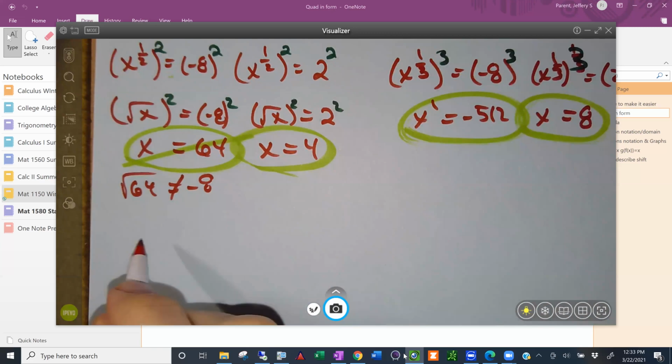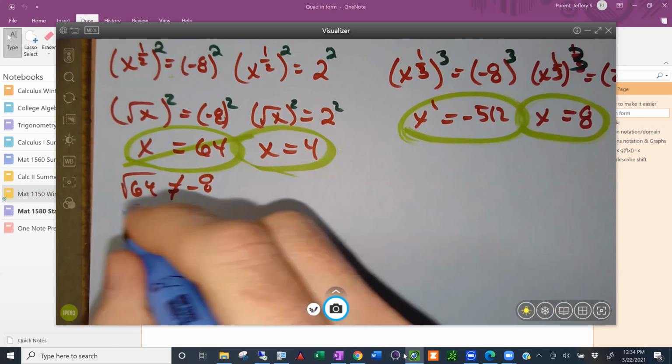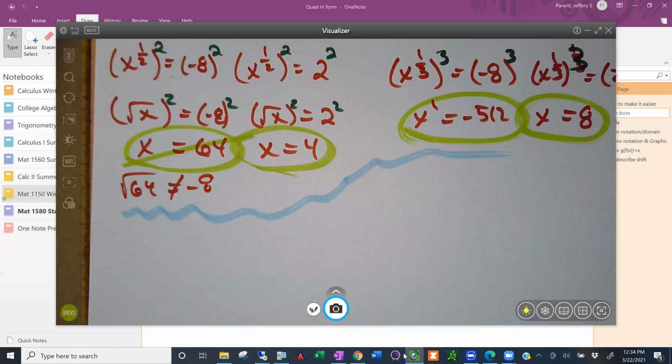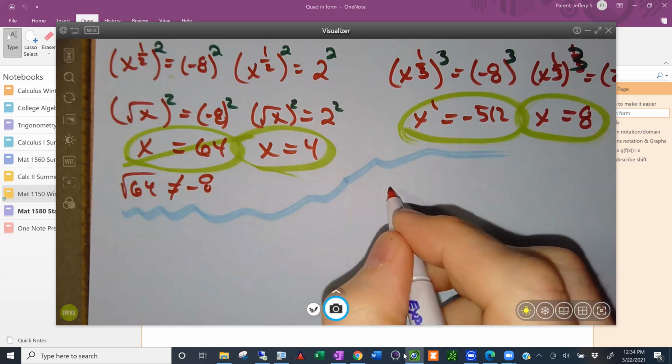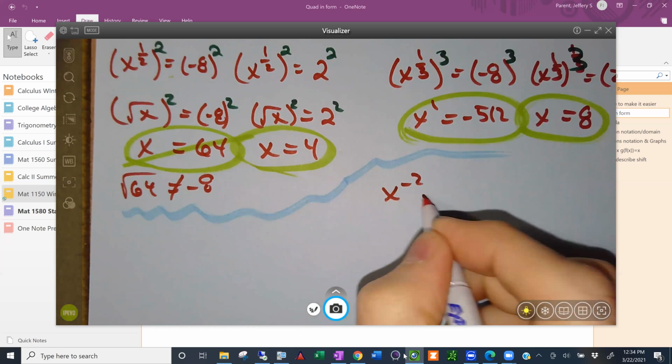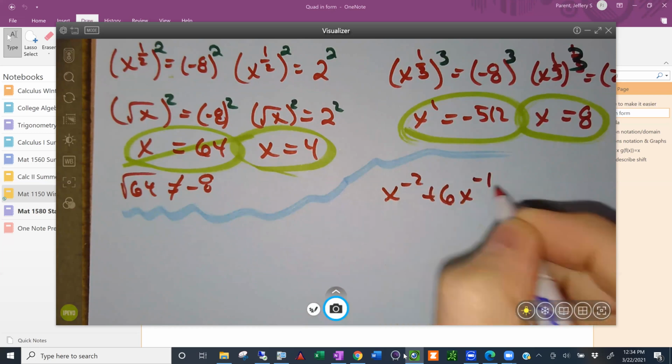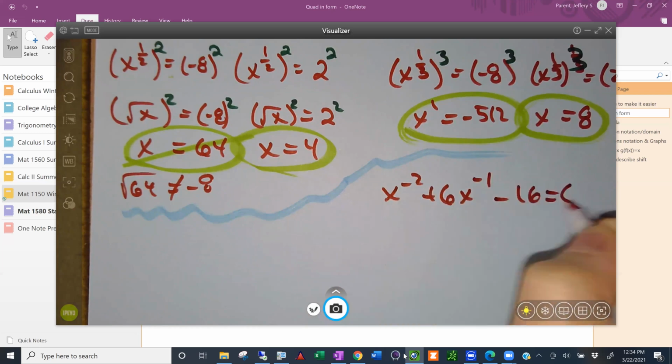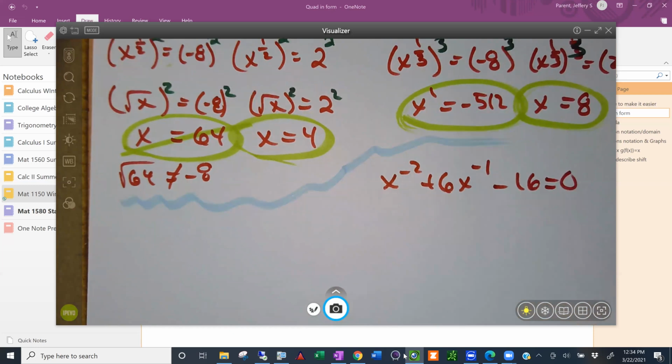Let me give you one last one kind of like this. In fact, using the same numbers, just a different exponent. If I had, for instance, x to the negative second plus 6x to the negative first minus 16 equals 0, can't we play the same game?